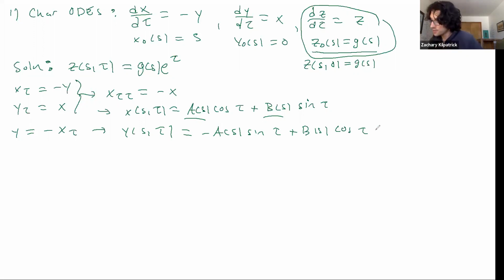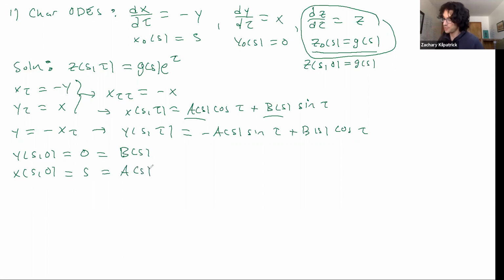Okay. So let's now plug in our initial conditions. Okay. We have that y of s, 0 is equal to 0. And so this is equal to B of s. So that just implies that B of s is 0. And then we have that x of s, 0, okay, is equal to s. So that means that A of s is equal to s.